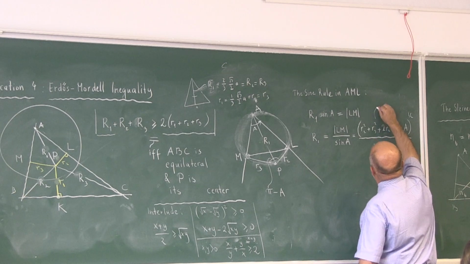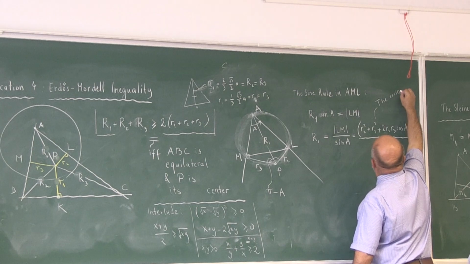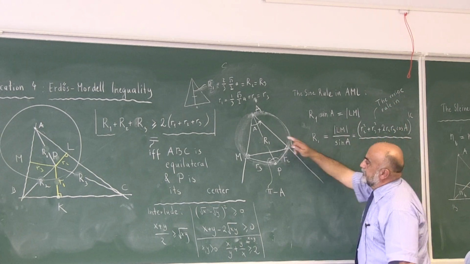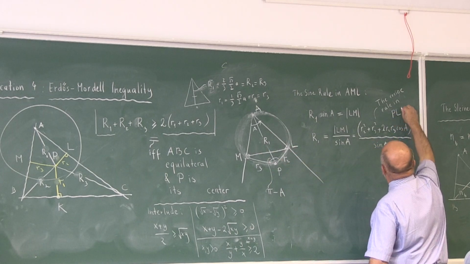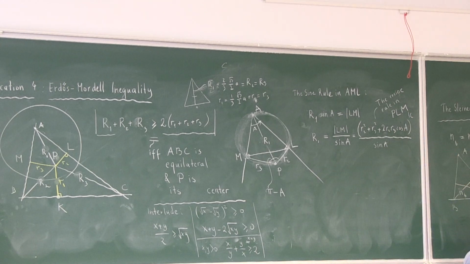Well, this is the cosine rule in the triangle not AML but PLM. So that's an interesting relation between R1 and R2, R3, which is rather nice.